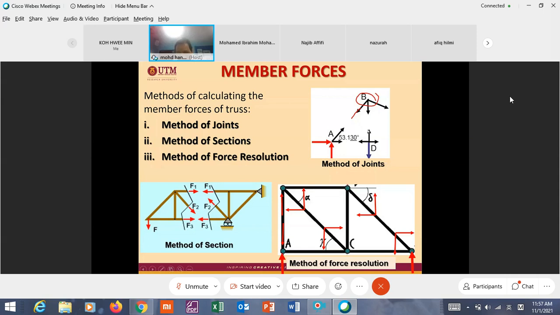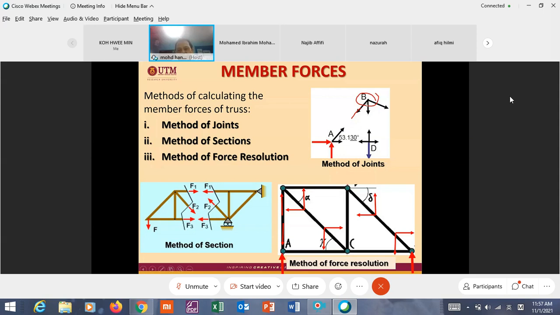In your first year, you have only one joint. But in this truss problem, we may have maybe 3 joints or maybe 20 joints. So you move from one joint to another joint.